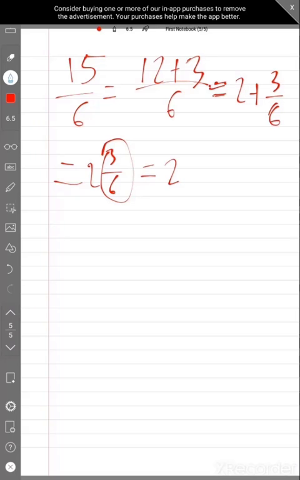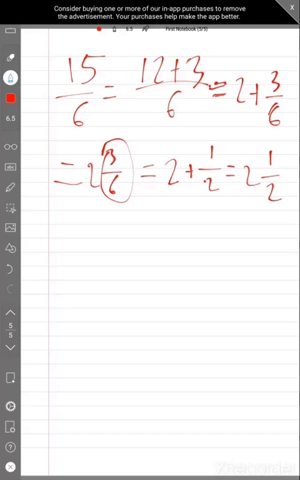So what's the greatest common factor here? Well, I know it's 3. I'm just going through this quick, but I want you guys to take the factors of 3 and 6 and find the simplest form. So we have 2 plus 3 divided by 3 over 6 divided by 3, which is 2 plus 1/2, equals 2 and 1/2.